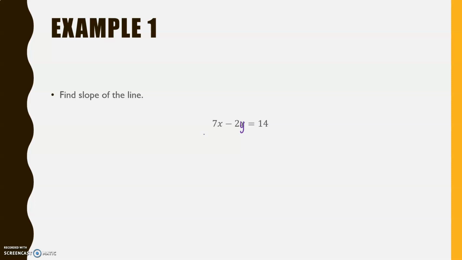All right, so I want to get y by itself. So I'm going to subtract 7x from both sides. And I would get negative 2y equals negative 7x plus 14. And then I need to divide everything by negative 2. And I'm going to get y equals 7/2 x.